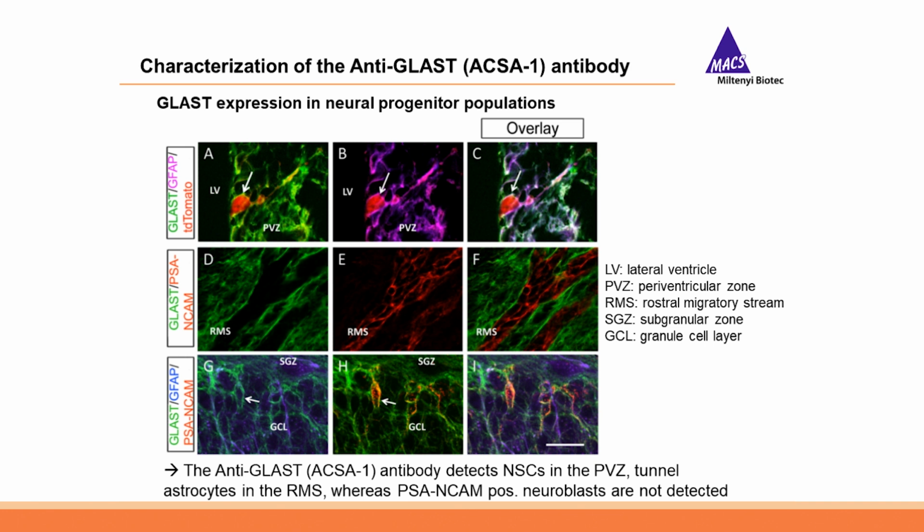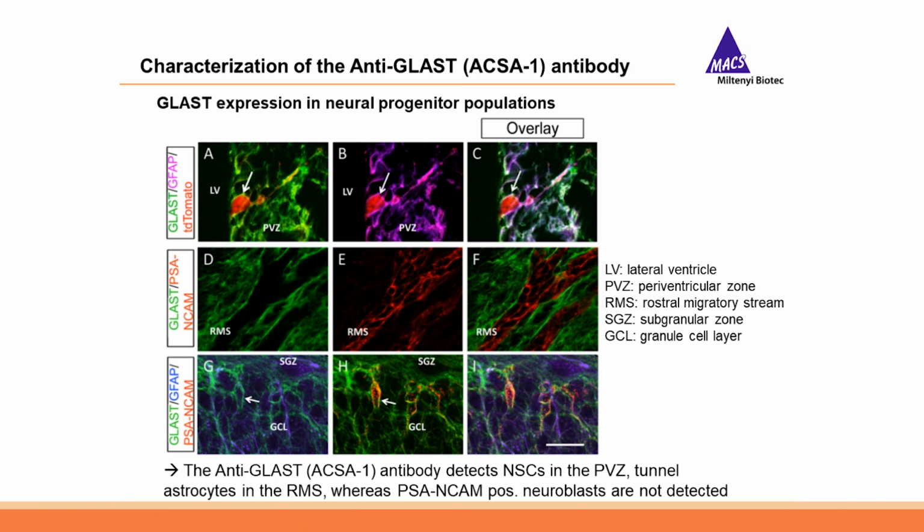So in these regions, you find stem cells that show astrocyte characteristics, and it's also described that these cells express astrocyte markers. And here in A to C, you see that GLAST and GFAP are widely expressed and partly overlapped in the periventricular zone. And here in this periventricular zone, neural stem cells were labeled by tdTomato by postnatal in vivo electroporation.